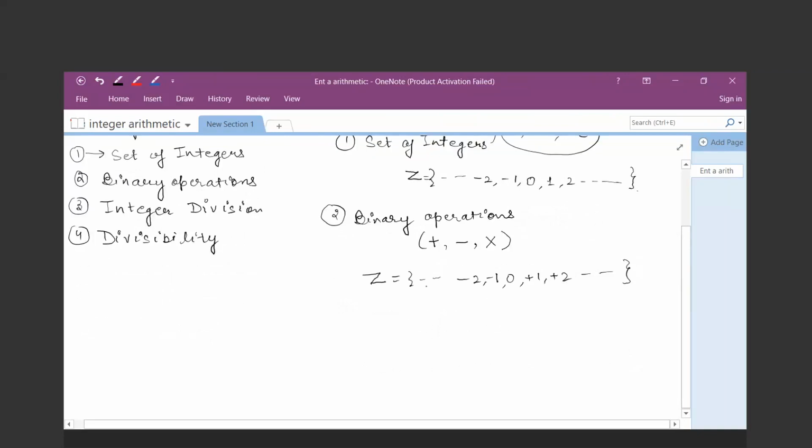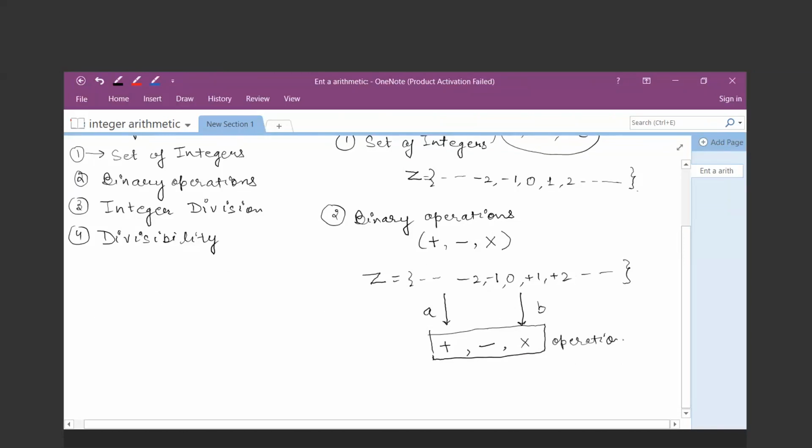So one is the set of integers. You have to select two values from there in terms of A and B and perform the binary operations. This binary operation can be addition as well as multiplication.